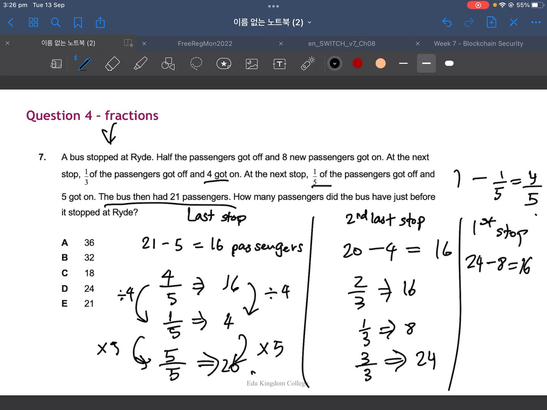If half the passengers got off and then there were 16, then 16 must be the other half that was remaining. If 16 is the half, then before the first stop, I must have had 32 passengers. Okay? And that's how I work out how many people started the ride, which was B, 32.